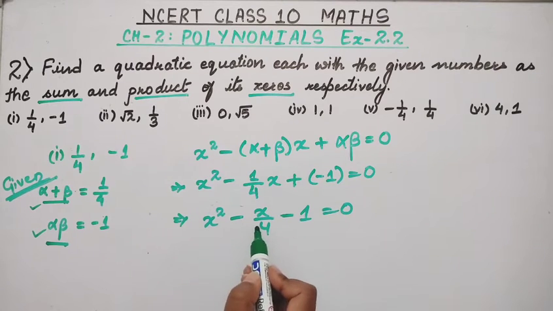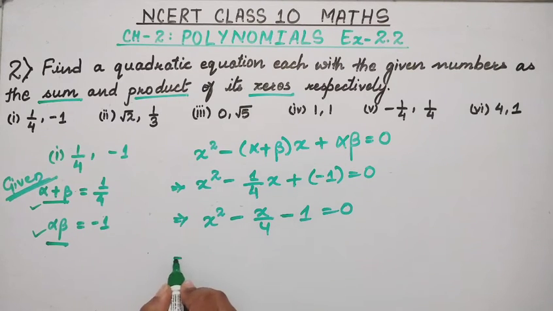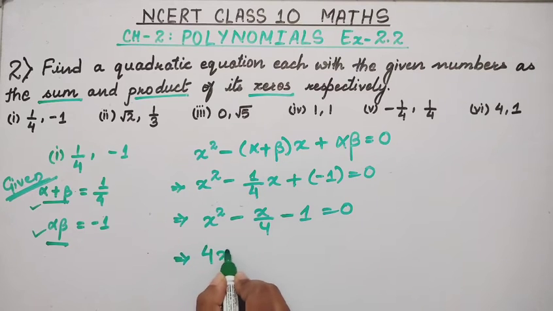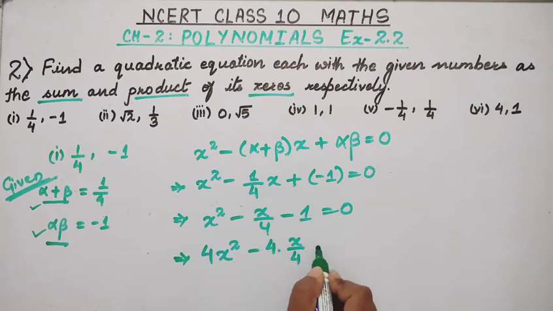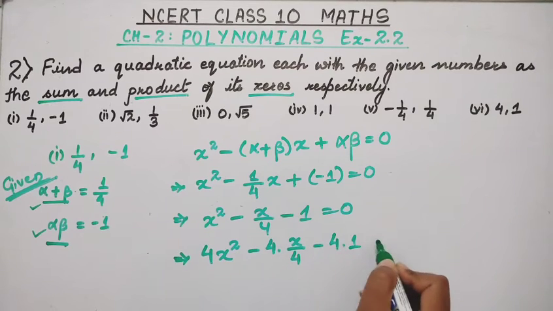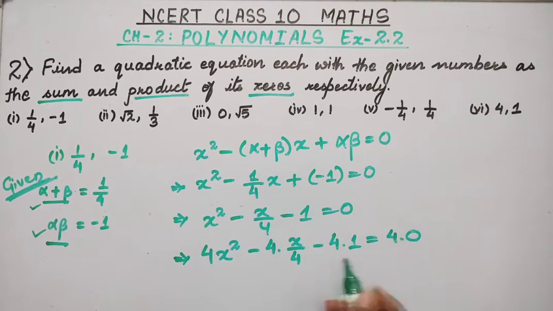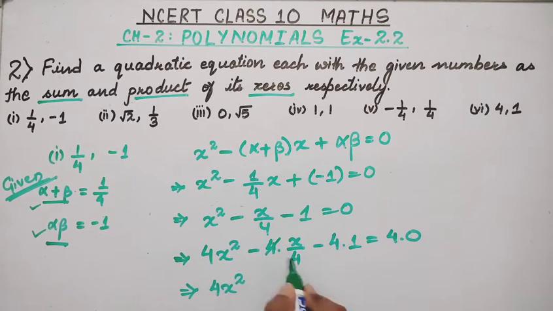We multiply each element with 4. 4 into x square minus 4 into x/4 minus 4 into 1 equals 4 into 0. What will we get? 4x square, this will cancel out, minus x minus 4 equals 0.